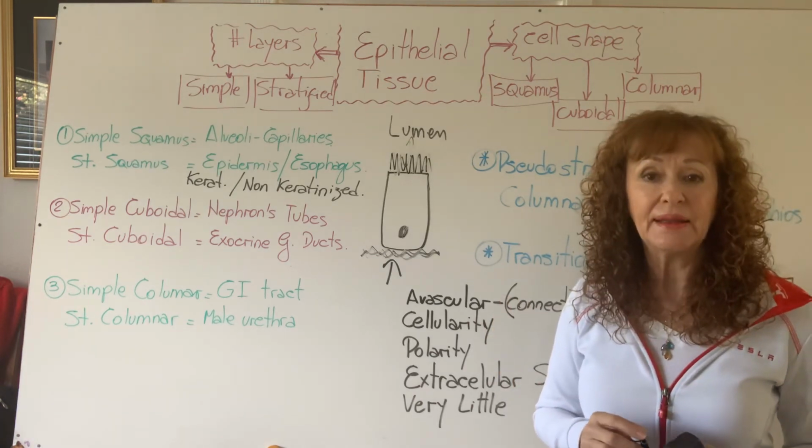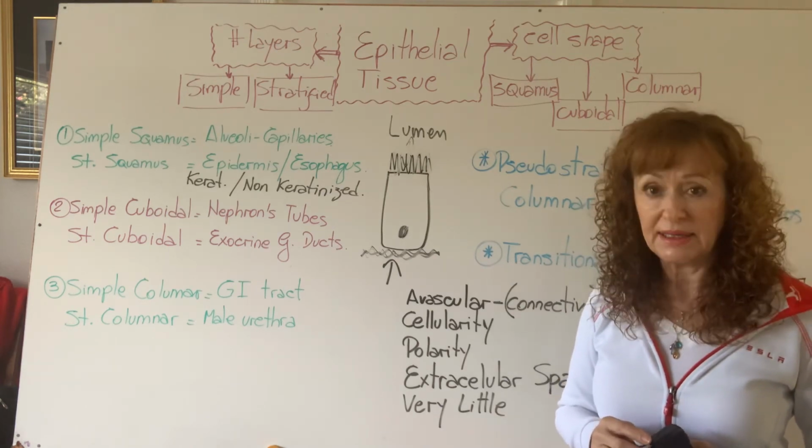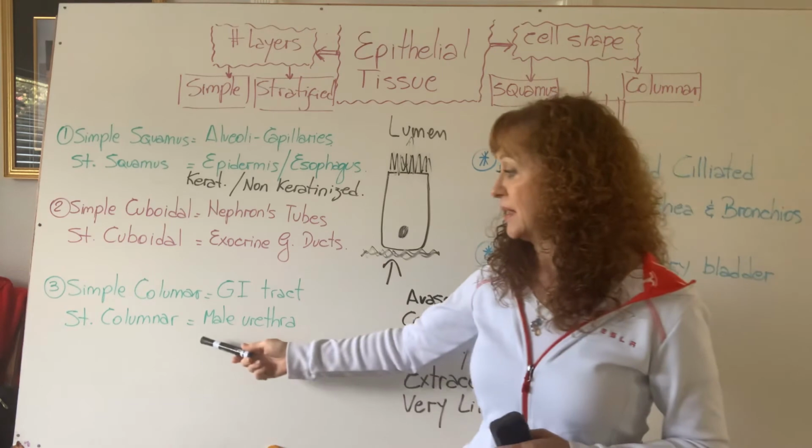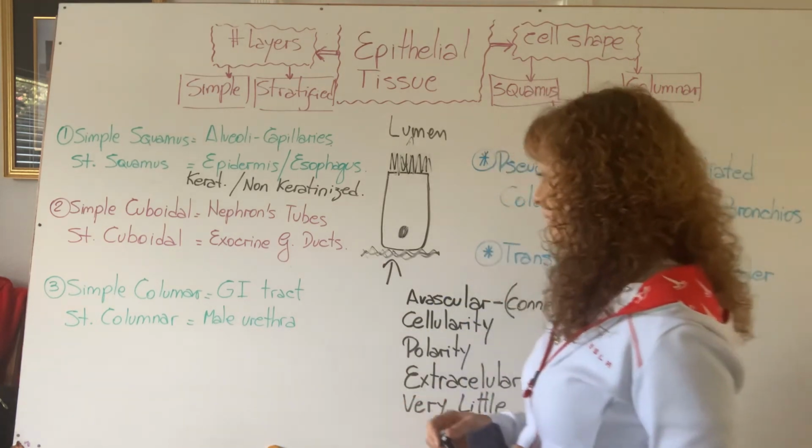It is used by the reproductive and the urinary system. But this urethra is lined by a stratified columnar epithelium.